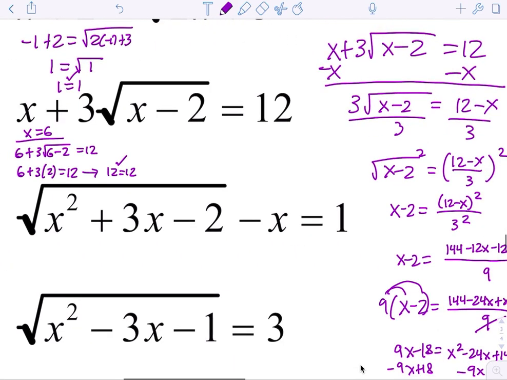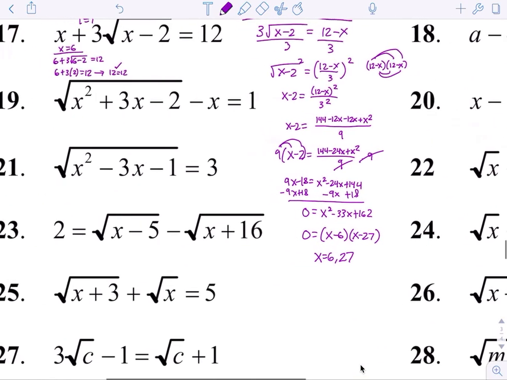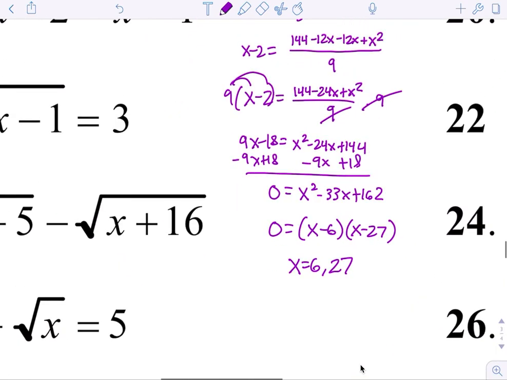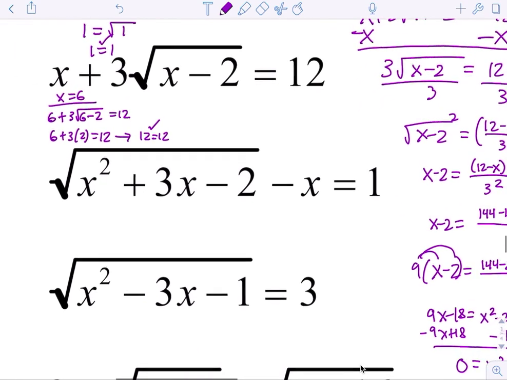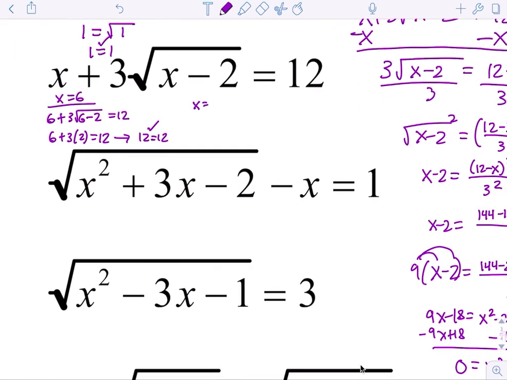Now we gotta check what other number? 27, right? We gotta check 27. x equals 27. Alright, so 27 plus 3 radical 27 minus 2 is equal to 12. 27 minus 2 is 25, right?